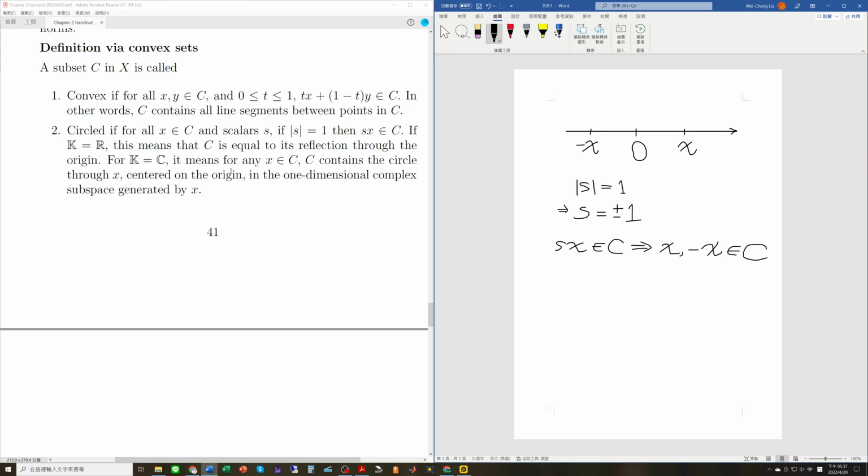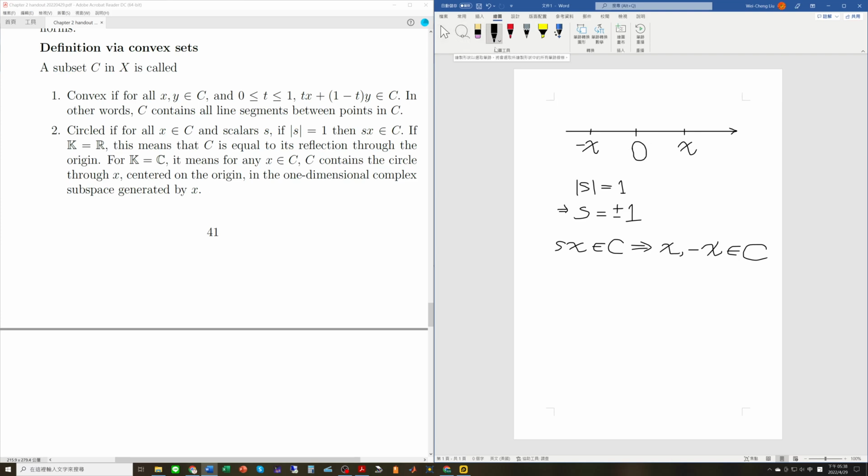Through the origin. For K equal to C, where C is the set of all complex numbers, it means that for any x in C, C contains the circle through x centered on the origin in the one-dimensional complex subspace generated by x. What does this mean?